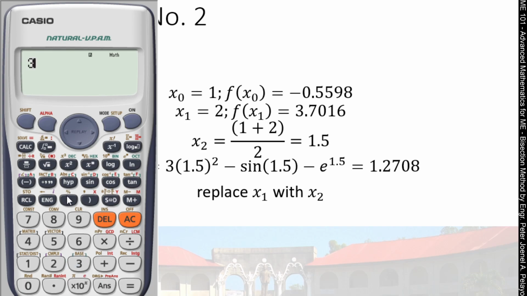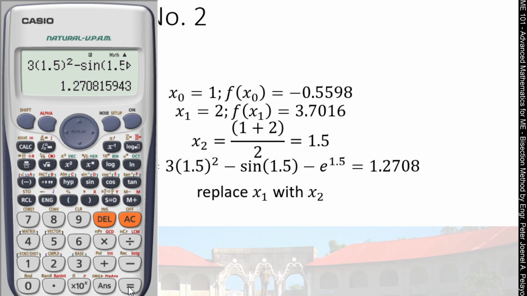So, 3 times 1.5 squared, 3x squared siya, minus sine 1.5, tama, naka-radian dyan, minus shift E raised to 1.5.